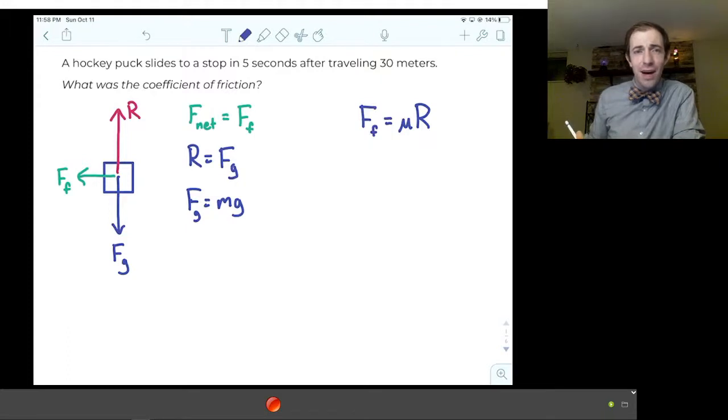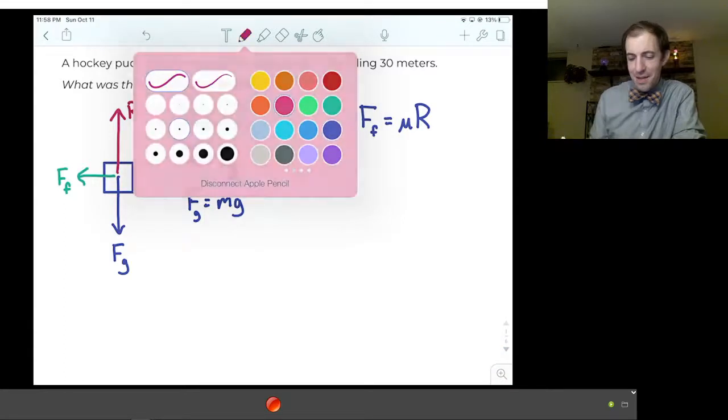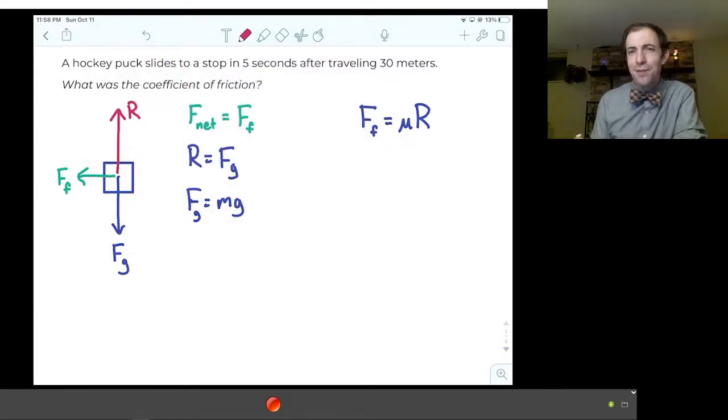Well, let's take that and see where that takes us. So if I were to substitute in these values to try to get us a little farther along, I know that R is really the same thing as Fg. So I can rewrite this and say FF is actually equal to mu times Fg.